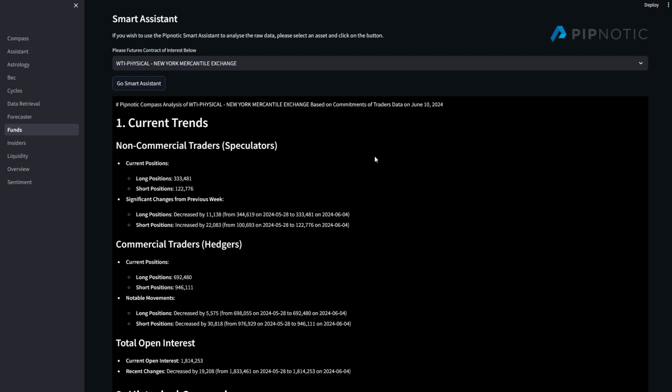Short, we have 122,000. Long positions decreased by 11,000, short positions increased by 22,000. This tells us a little about the behavior of the data in the data frame. Long positions were up and now decreased a little bit, and short positions increased. Short positions are still less than the long positions, but they increased.